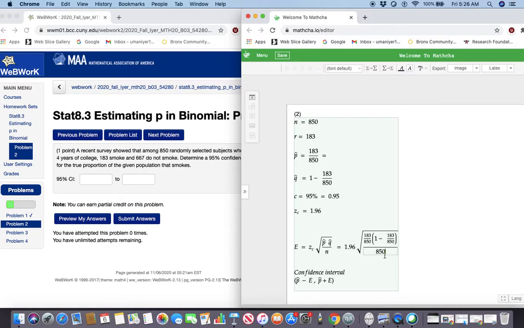All right. So I'm going to have to subtract this from P hat and add this to P hat.